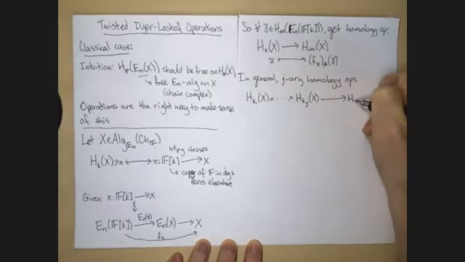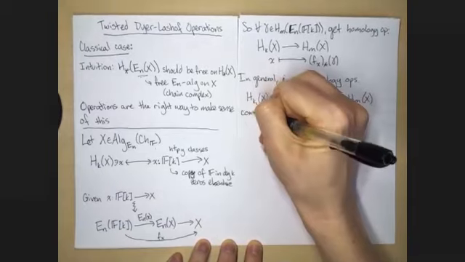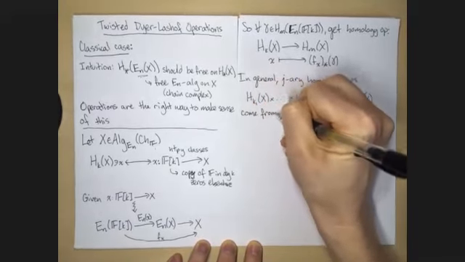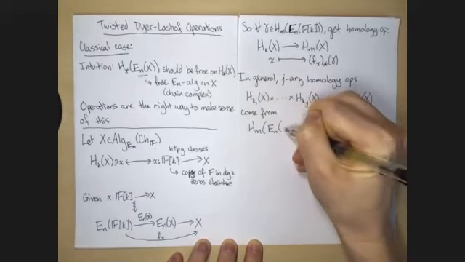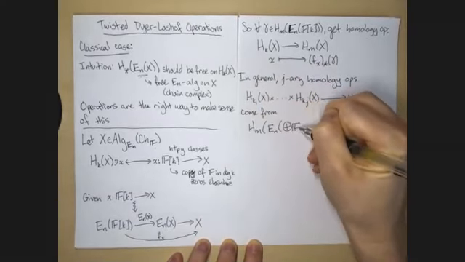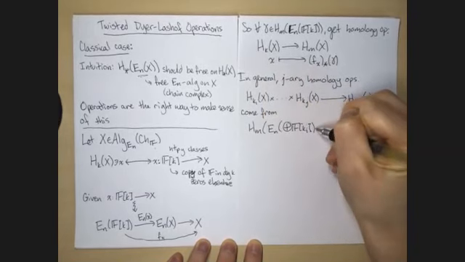Many of them will, but not all of them. And my operations landing in H_m of X, such operations come from the mth homology of the free E_n algebra on a direct sum of these chain complexes that are a copy of F in an appropriate degree.